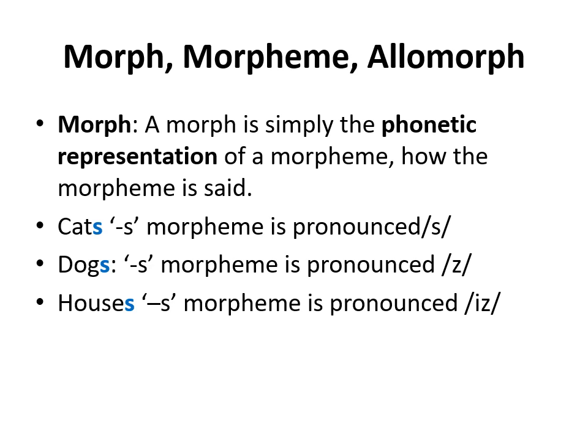The s that we put with dogs is pronounced like a z sound, and in houses this s morpheme is pronounced as iz. So cats, dogs, and houses: here we use only one morpheme s, but when we look at the pronunciation, the sounds are different. These different sounds are what we call different morphs.